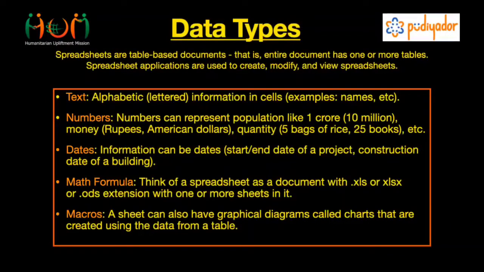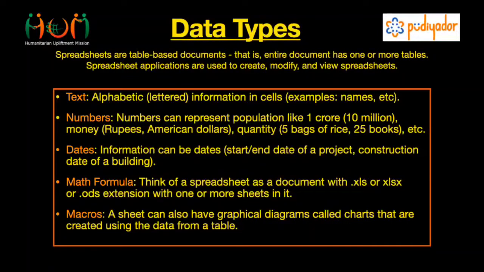Then they also have scientific computation formulas that are allowed. If you have angles, you can compute cosine, sine, tangent. You can compute statistical probabilities, mean, standard deviation. So all of those formulas are possible.